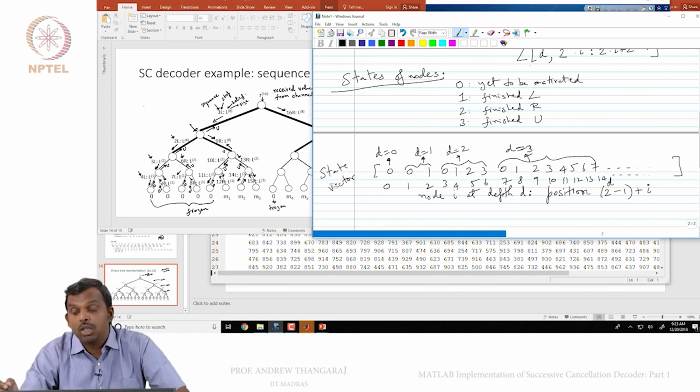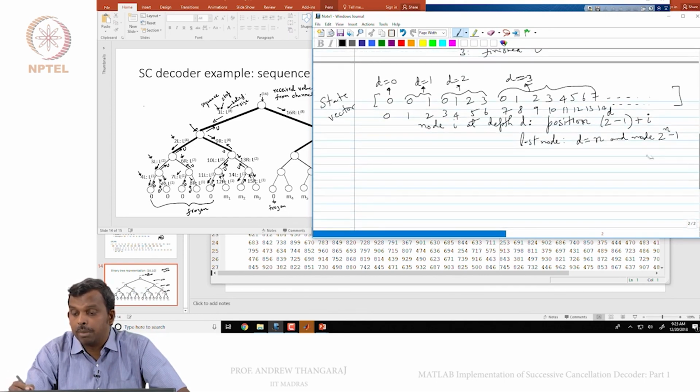And what will be the total length? You can compute. What is the last node? The last node will be at depth n, and node 2 power n minus 1.